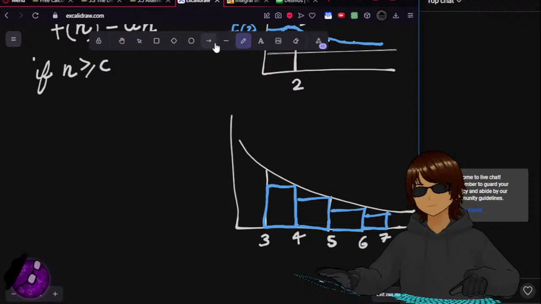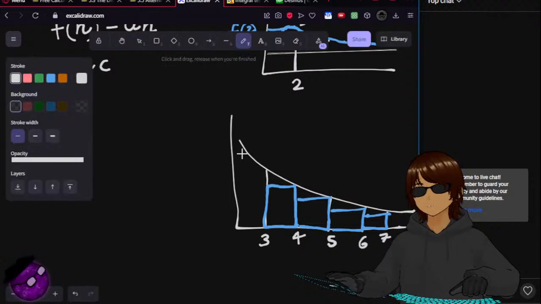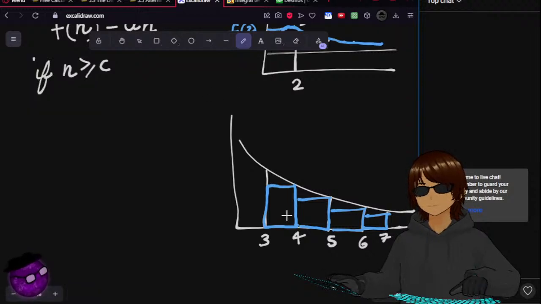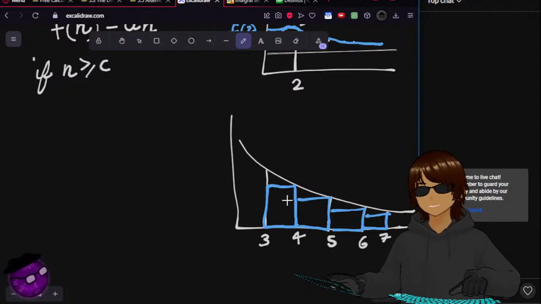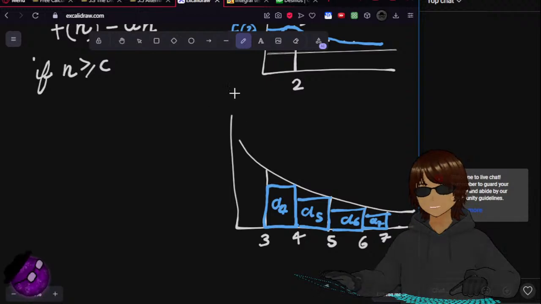And what we are trying to figure out is, actually let's do from A4 onwards. So this area over here is A4, so A4 times 1, basically A4. This area over here is A5. This area over here is A6. This area over here is A7, and so on.